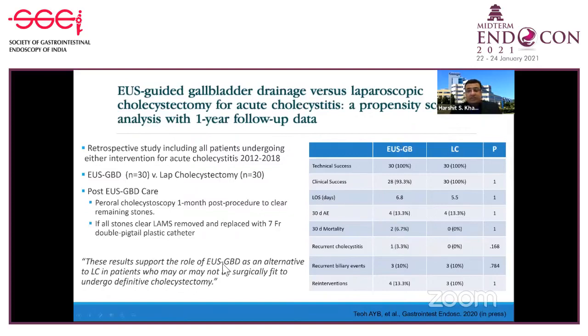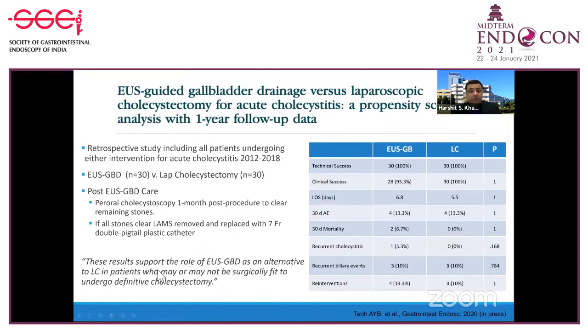As you can see on this table, the technical success rate and the clinical success rate were similar. The length of stay, 30-day adverse event rate, 30-day mortality, risk of recurrent cholecystitis, recurrent biliary interventions, and reinterventions were not different between the two groups.